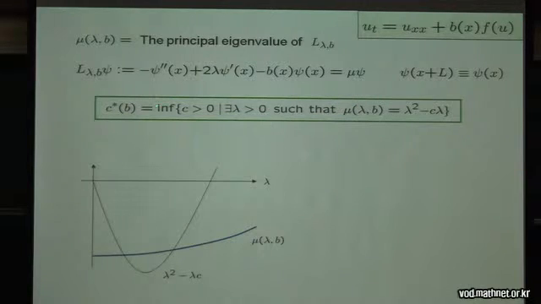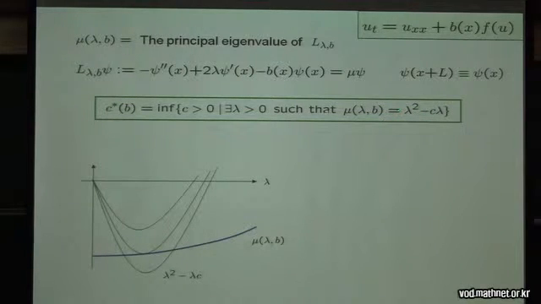In order to find C star, we change C. Then as C gets smaller, it goes like this. So then there is no lambda for which these two are equal.